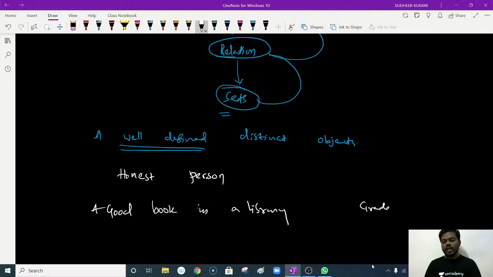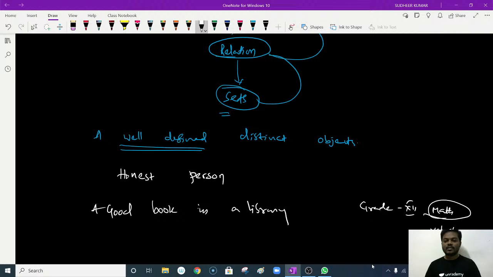A grade 12 math book, volume 1 or volume 2, is well defined, because whoever goes can easily get it.